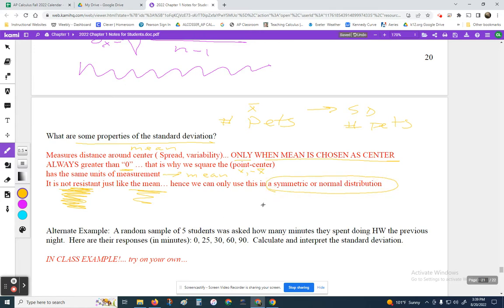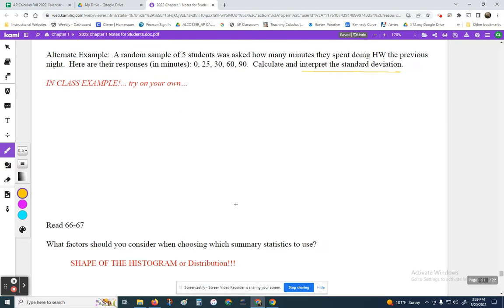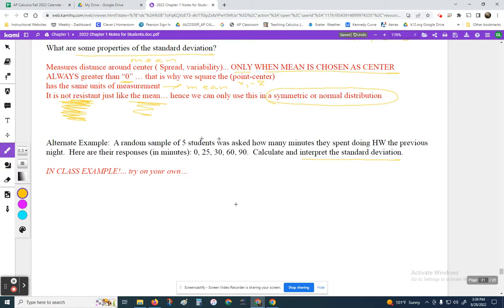All right, so let's look at what it looks like here. Here's the example we're going to talk about in class, and we'll interpret it in class because there's a little bit of a sentence that we have to deal with, kind of like a fill in the blank sentence for you guys. So I'm going to find the standard deviation of this. First of all, how many data points do we have? We're going to write n equals 5.